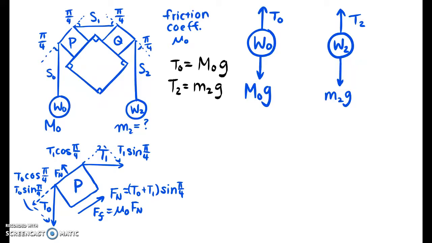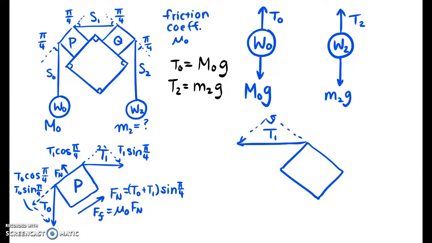Now we can draw a free body diagram for Q, and Q will be very similar to the free body diagram for P. Only, in this case, the two tensions that act on Q are T1 and T2 rather than T0. So we have T1 acting here, and once again we can split it into two components.